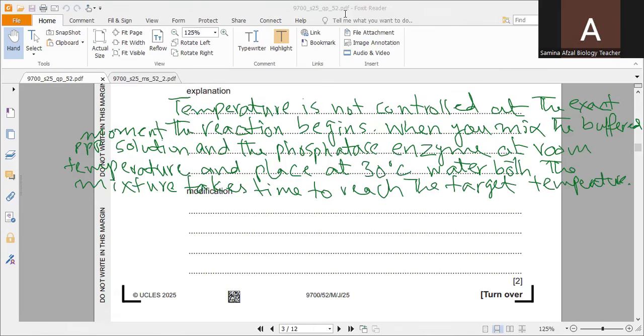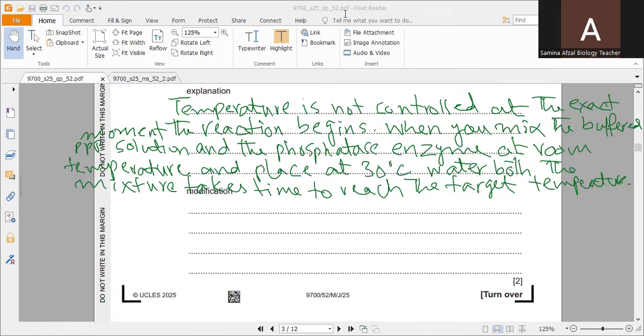So now we have to modify it. How can we fix this? For this purpose, we must ensure both the enzyme and the substrate are already at the target temperature before they ever touch each other.